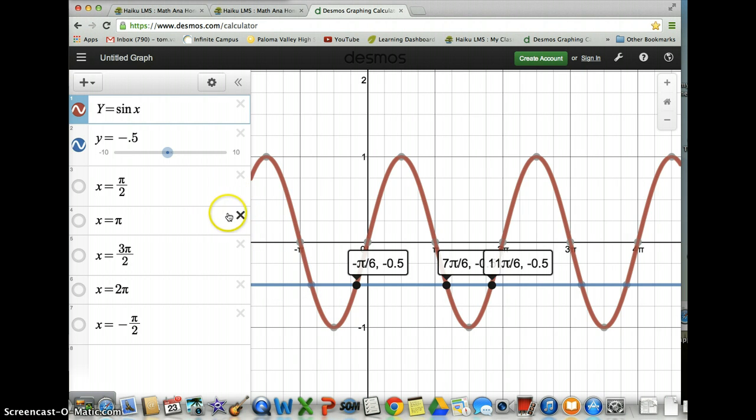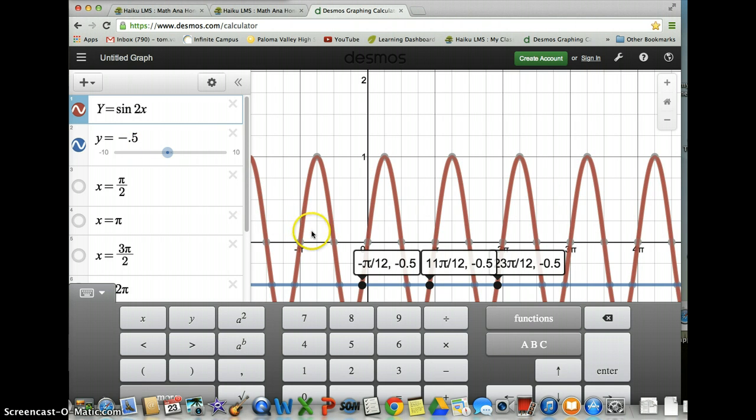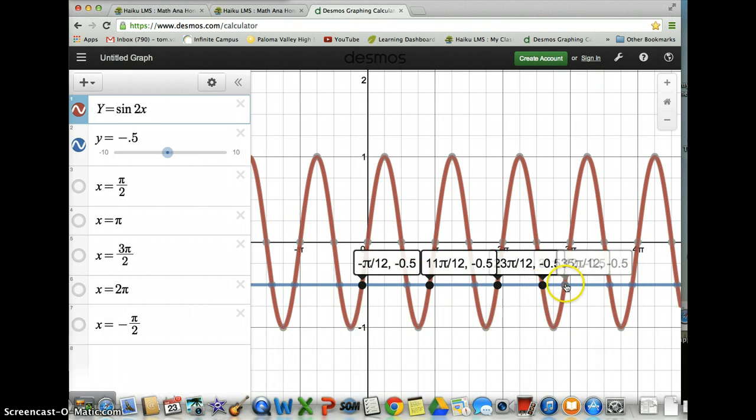We have a lot of problems to do of this type. You'll notice here, if I put a 2 here, all of a sudden I get twice as many answers in the same interval because I cut the period in half. You'll notice all of these would be answers, except we wouldn't really state them. We would just say these original two, plus or minus pi n in this case, because it was reduced down.